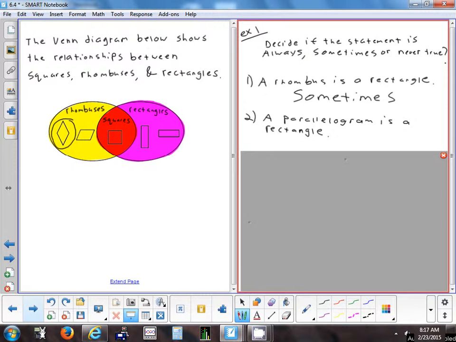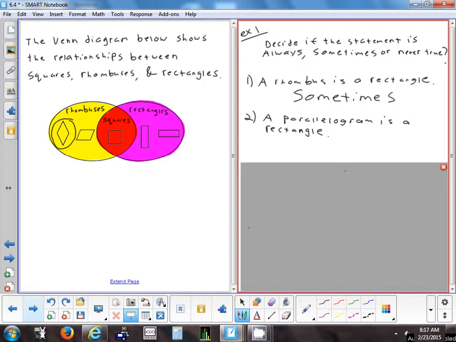Okay, a parallelogram is a rectangle. What do you think? Is that always true, sometimes, or never? Sometimes. Somebody give me an example when it's not true.